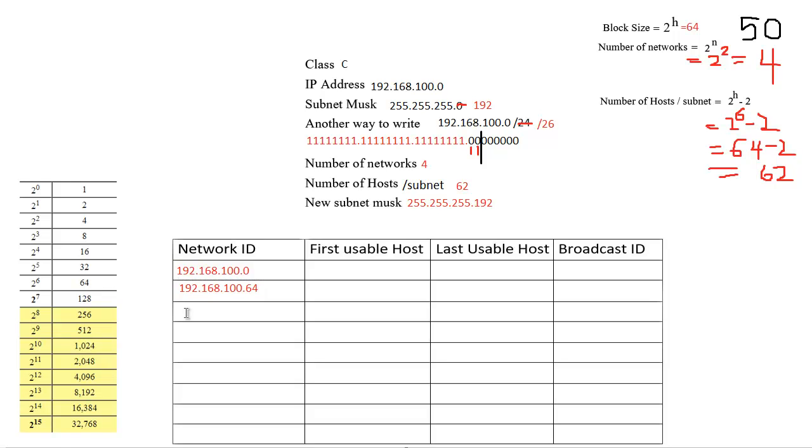And what is our next network ID? Again 64 will be added to this, so the next network ID is 128. The next network ID will be 128 plus 64, which is 192.